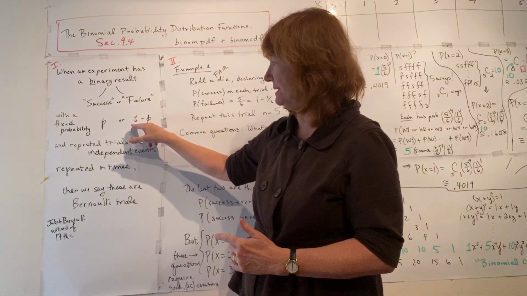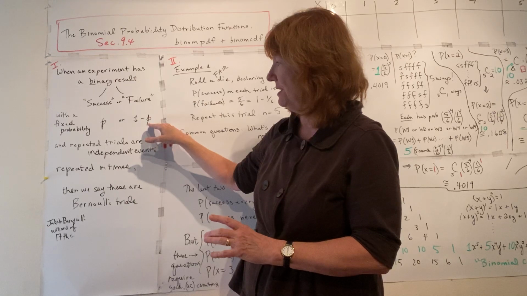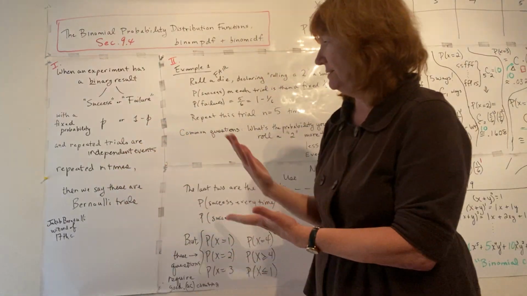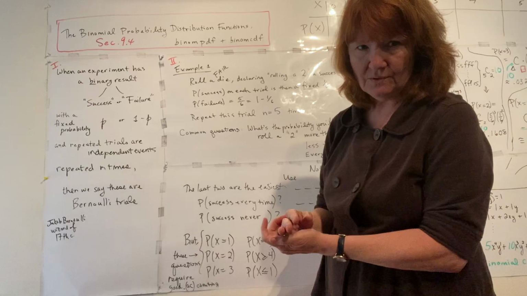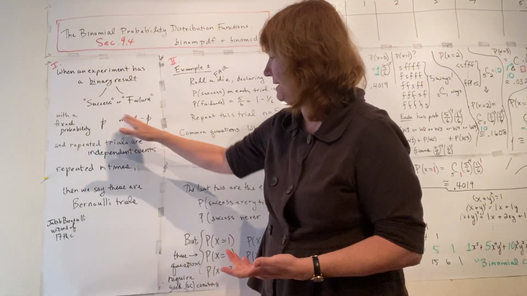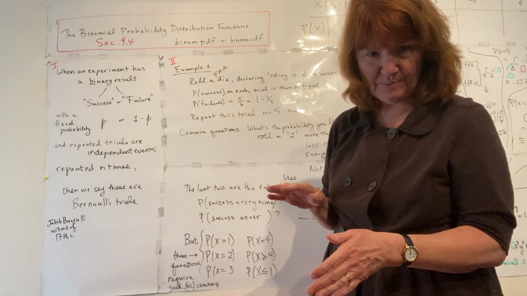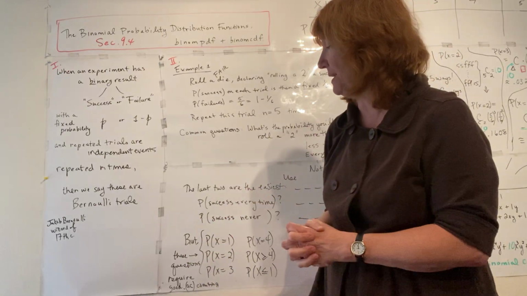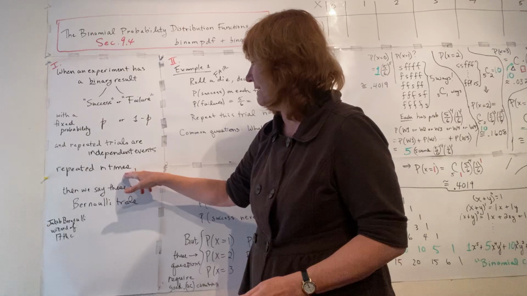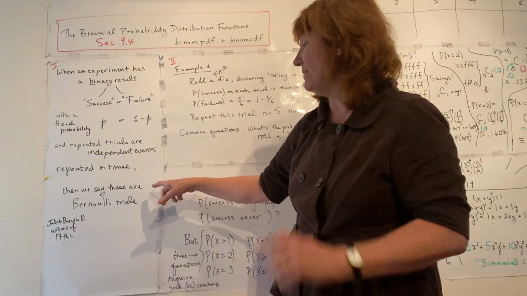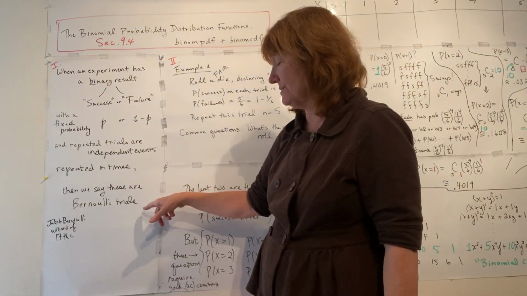That would have a probability of 1 minus P. And if you could repeat that, and each time you repeat it, the probabilities are the same, P and 1 minus P. They're independent of having just performed a previous trial, so the trials are independent. If you repeat that n times, then we say that there have been n Bernoulli trials.